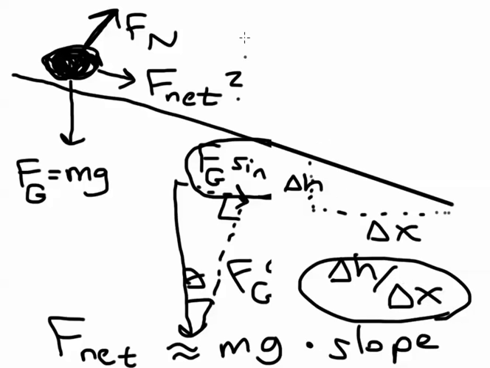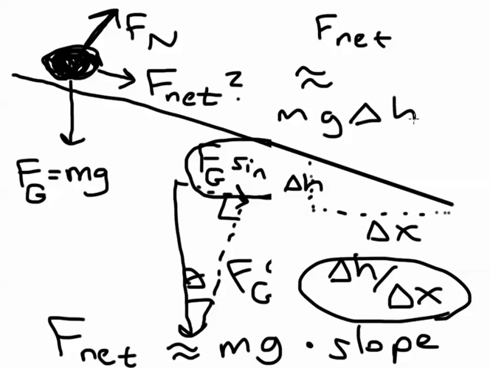That's the slope. And so what we're left with is that F net is about equal to mg delta h over delta x, mg times the slope. For a very steep hill, delta h over delta x will be bigger, and for a shallow hill it will be smaller.